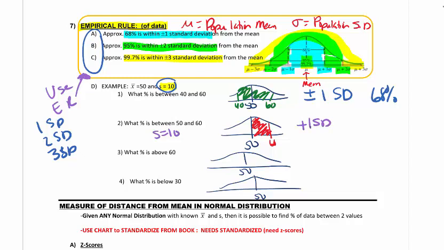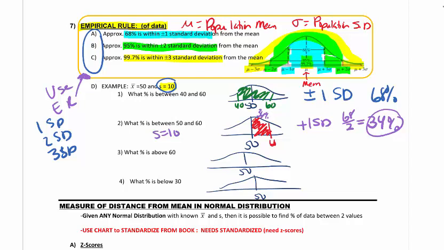I'm not going both directions, but because this is, again, symmetric about the mean, that means using rule A, 68% lies above and below. So if I take 68 and divide it by 2, 34% of it should be above, and 34% of it should be below. So my answer there is 34%. Really important to draw your pictures on these.